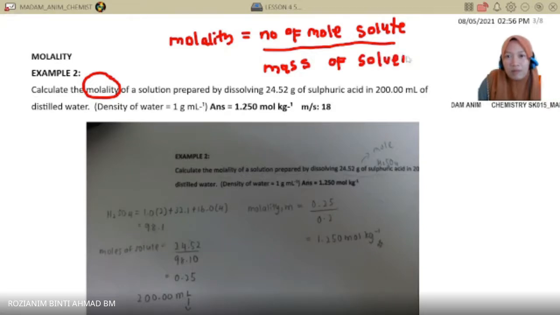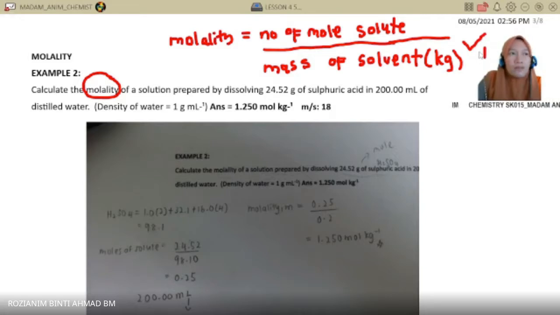Remember, the unit of mass of solvent must be in kilogram. In the exam, formula writing mostly gets 1 mark, but on condition that the unit kilogram is compulsory, because the definition of molality is the moles of solute dissolved in 1 kilogram of solvent. So the unit kg is a must in the formula.